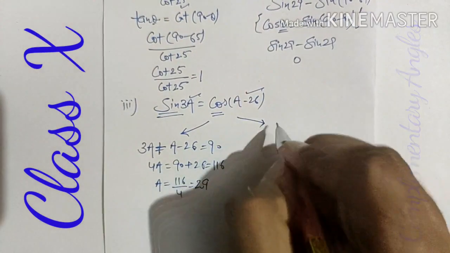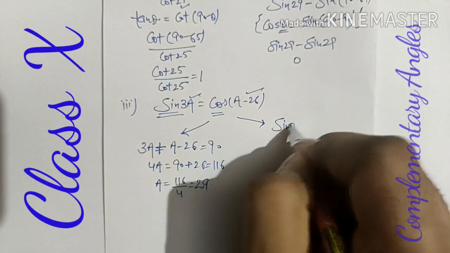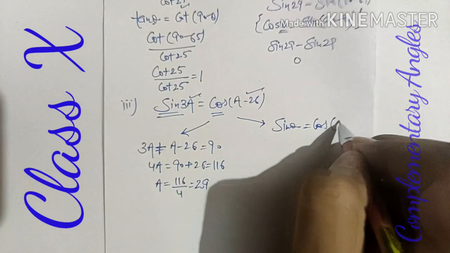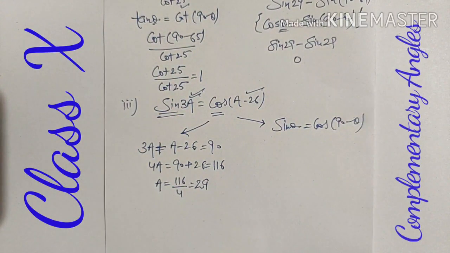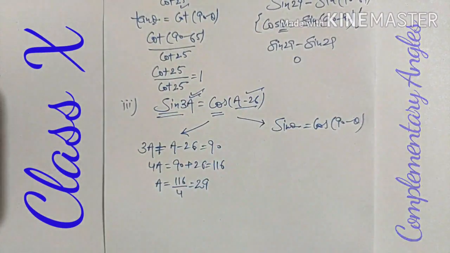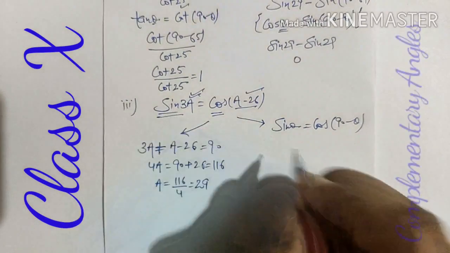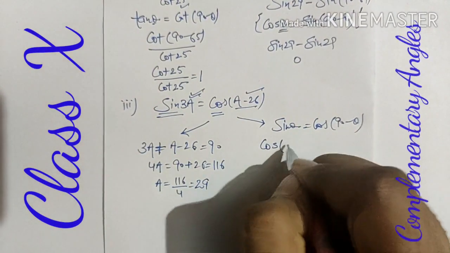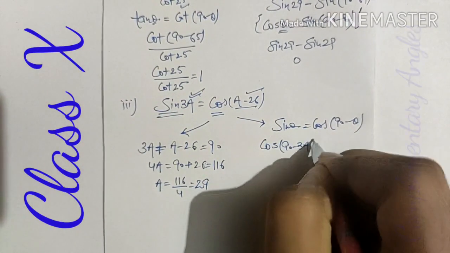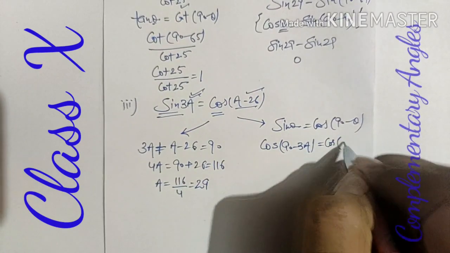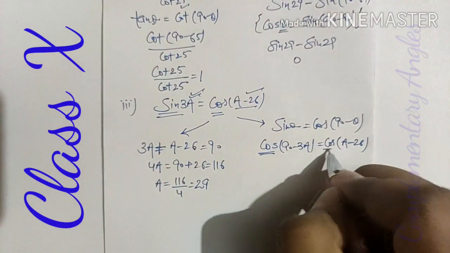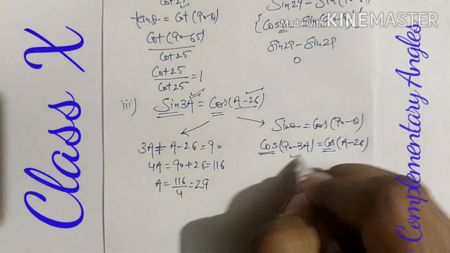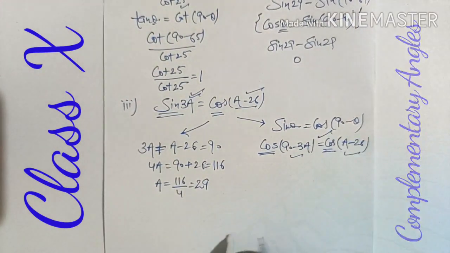On the other side, we can use a formula. Sin theta can be written as cos 90 minus theta. We always choose a single value angle, not a group of values. So on the left hand side, sine 3a can be written as cos of 90 minus 3a, which is equal to cos of a minus 26. The T ratios use the same symbol, so the angles should be the same, that's why they give the same answer.